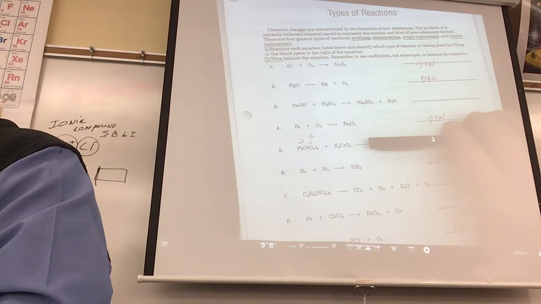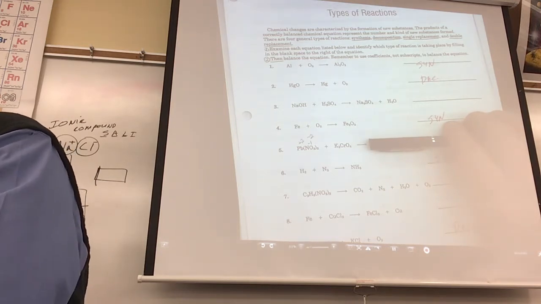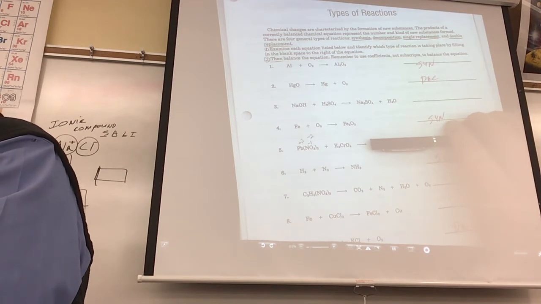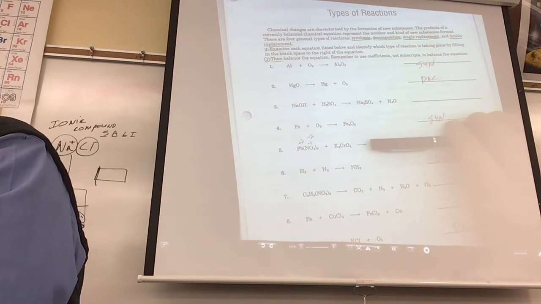Remember that guy has chromium in it. What's that polyatomic ion? It has chromium in it. Do you guys need to have that chart out? Do you have your polyatomic ion chart somewhere? All right, this one's chromate. Now, you don't have to use the Roman numeral because it's always the same charge. Got that?